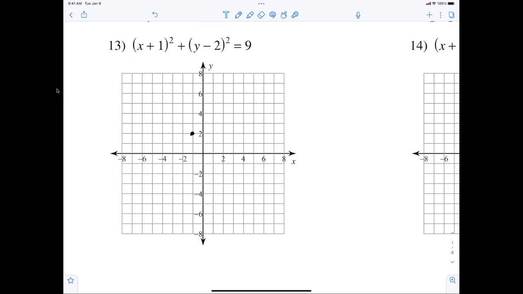So from this point, I always tell kids, go to the left 3, go to the right 3, go down 3, and go up 3. And that's the outline of your circle. And then you just sketch the circle to the best of your ability. Some of you have lots to work on.